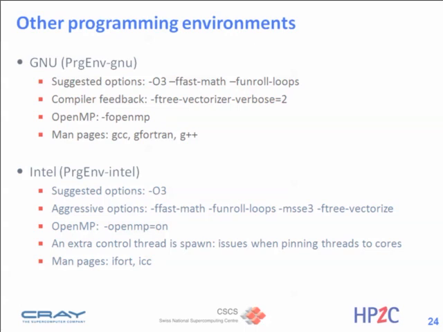Now, this can be a real issue if you try to use CPU affinity. If you want to pin threads to cores, this is going to be a problem because the extra thread gets core 0, and then you are left with 4 threads to be pinned to 3 cores, which means that on 1 core you have 2 threads. This is totally inefficient, of course, as you can imagine.